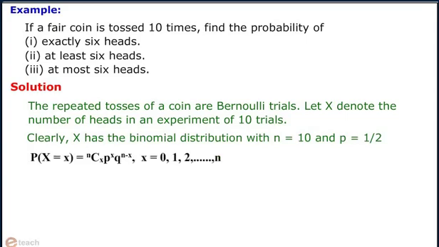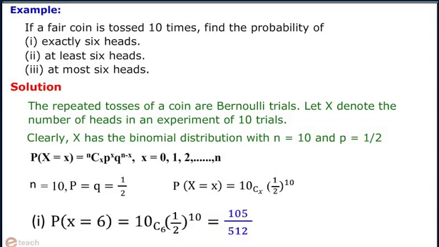So, the probability of X equal to x is nCx into p to the power x into q to the power n minus x, where x takes the values 0, 1, 2 up to n. The probability of X equal to x is 10Cx into half to the power 10, because here n is equal to 10 and p and q are both equal to half.